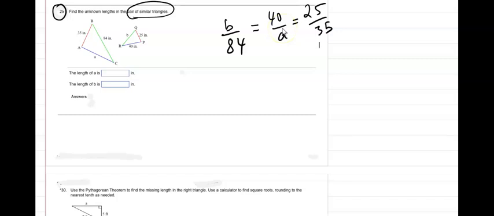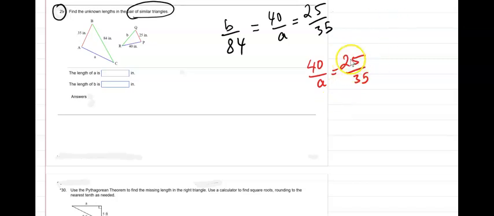So if you want to solve for A and B, because you're looking for A and B, this fraction is a known fraction, 25 over 35. So I'm going to use the second and third fractions to make a proportion. 40 divided by A equals 25 divided by 35.